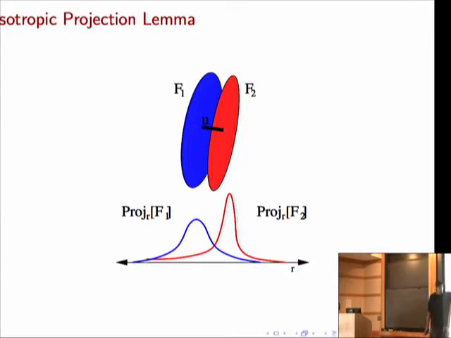If u is non-negligible in its magnitude, then when we project onto a direction r, the difference in means that we get is just the projection of u onto R. So if u is non-negligible, some fixed polynomial in epsilon and 1 over n and in delta, then when we project it down, we just divide the magnitude by square root of n with high probability. So in the case where the means are slightly separated, we're done.